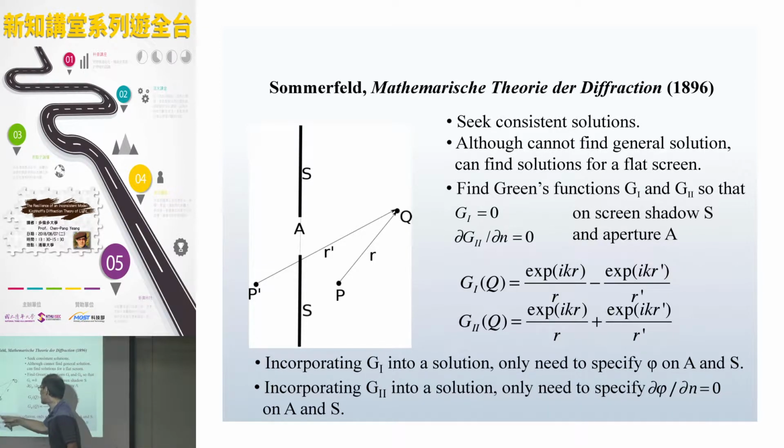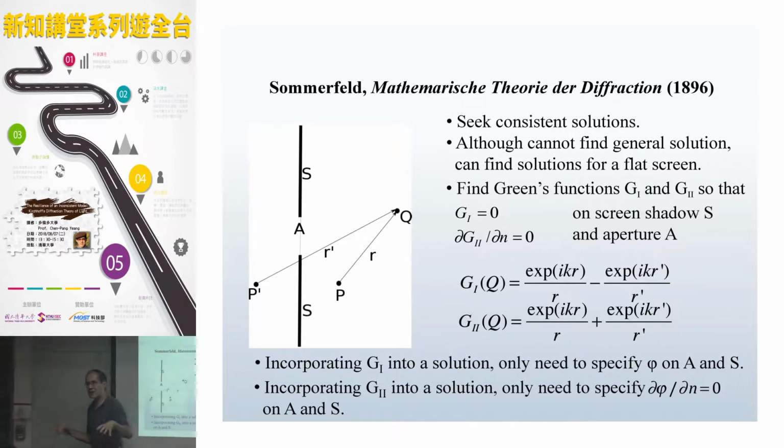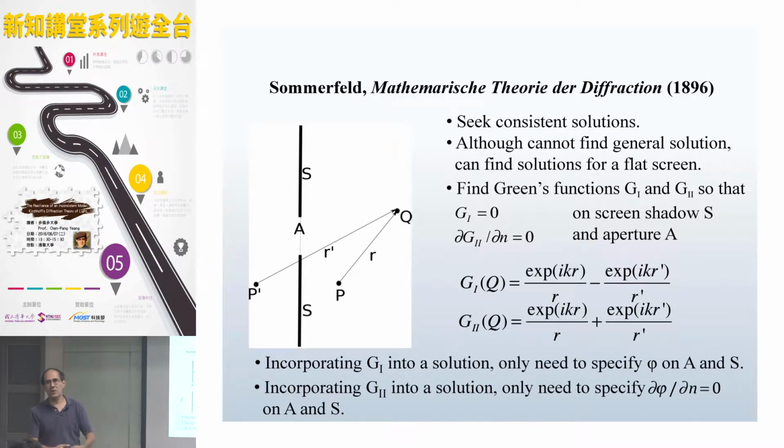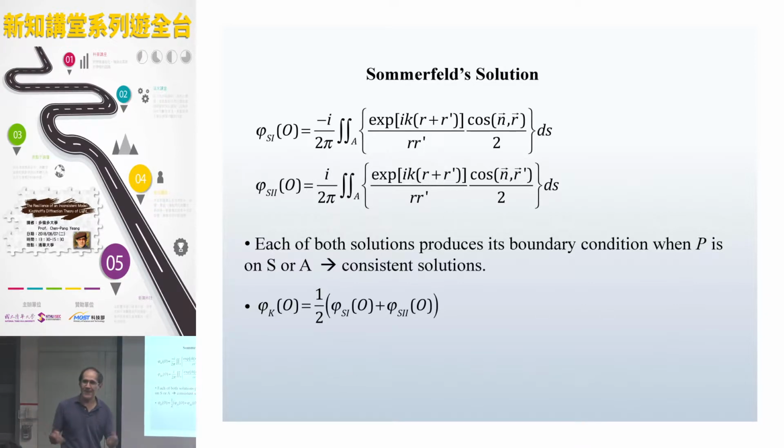But when we incorporate G2, we only need to specify the first order derivative, not the field itself. So in other words, using these two Green's functions, we don't have to specify phi and the derivative of phi over n at the same time on the surface. We can specify either one. So this is a great advantage.